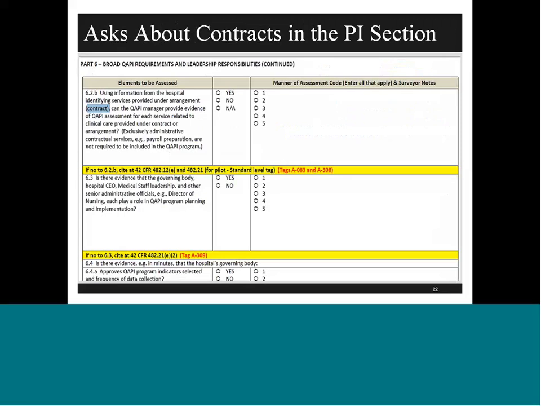For example, under the broad QAPI requirements and the responsibilities of our leadership team, it says that you're using information from the hospital to identify the services that are provided by contract. And can we actually show that we've done an assessment related to these? And again, I'm going to give you a lot of examples here.